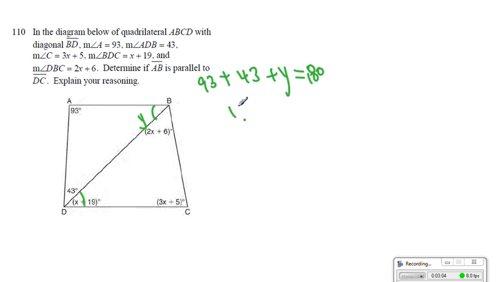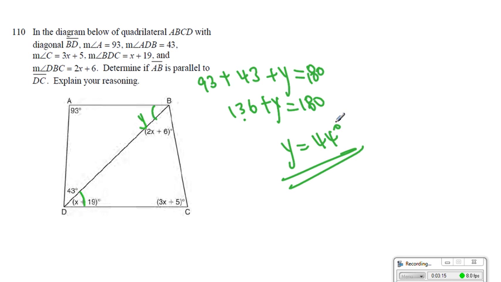So here we have 136 plus y equals 180, which gives us y equal to 44 degrees. Alright, then let us move on to the next part.